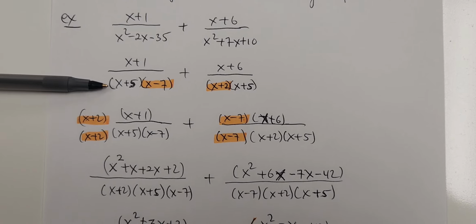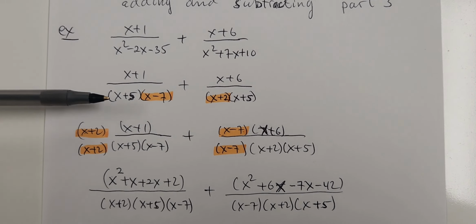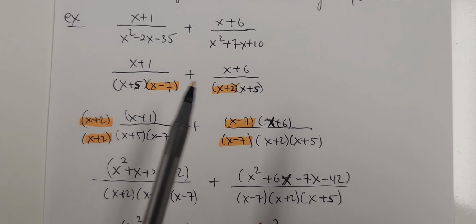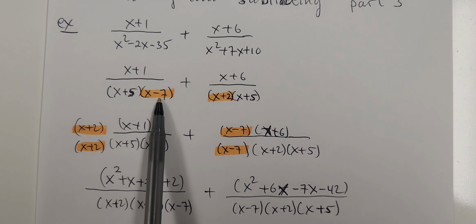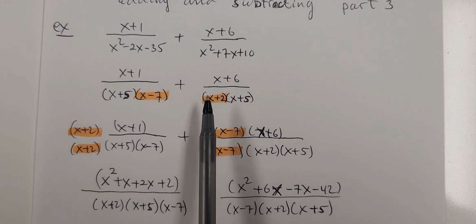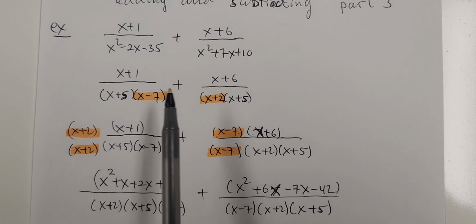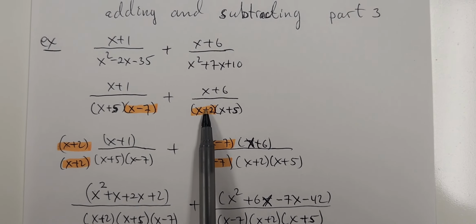Next, the second step is to find the extra. Here I have x plus 5, here I also have x plus 5. Since they are already the same, leave it alone. This x minus 7 and this x plus 2 are my extra, which is part 2. Find the extra.